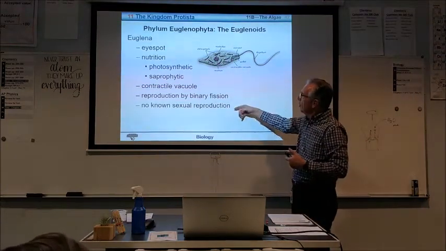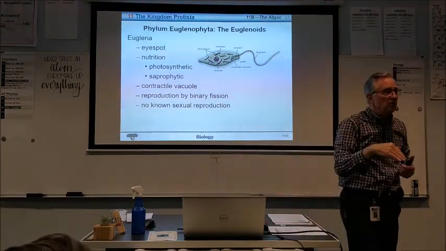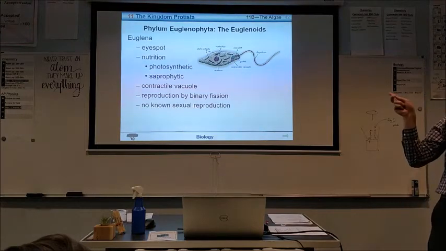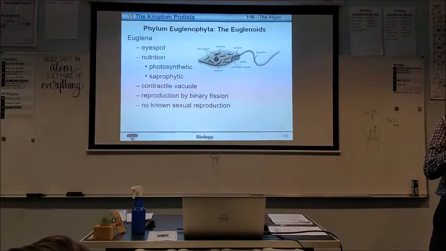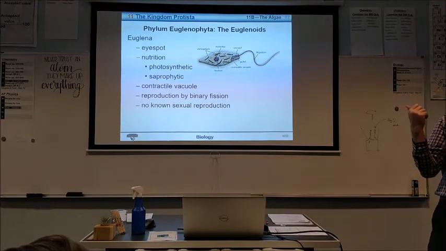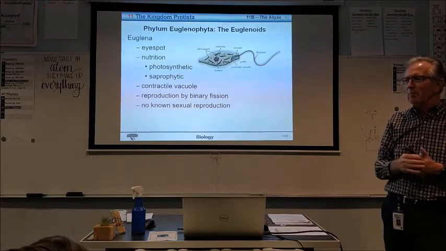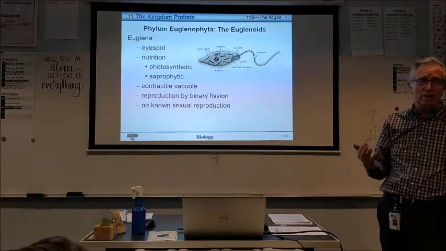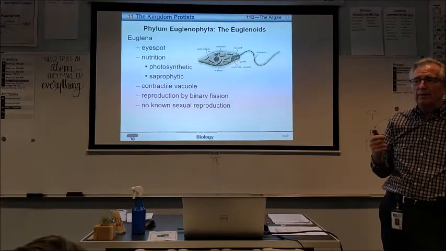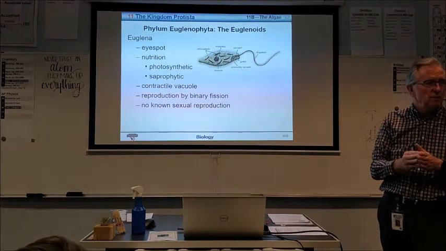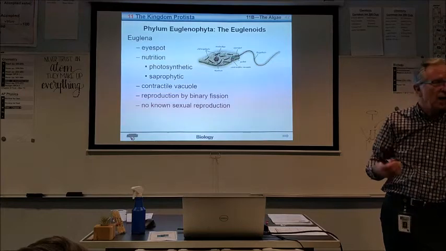There is no known form of sexual reproduction in this particular phylum. So if they would find one, I'm not sure they'd have to change that, wouldn't they, if they happen to ever run across one that should belong to this kingdom and has sexual reproduction. But there's no way. So in other words, they just are all copies of each other.